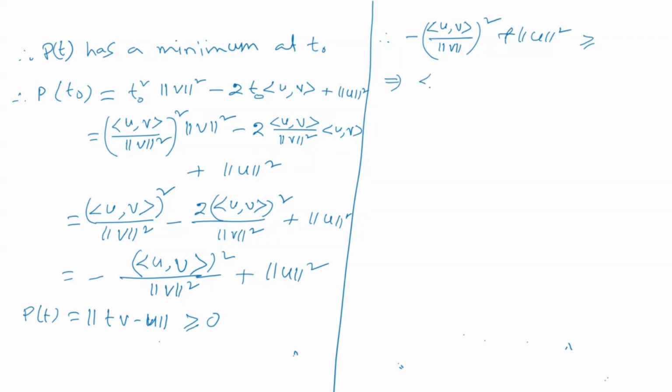This implies ⟨U, V⟩ whole square is less than or equal to norm of U whole square times norm of V whole square.